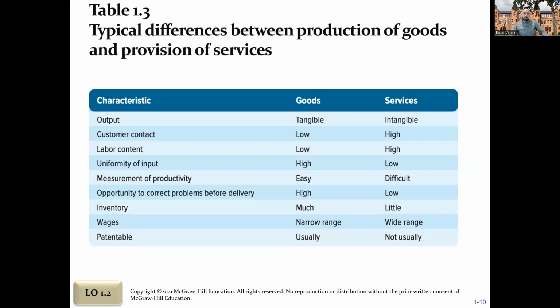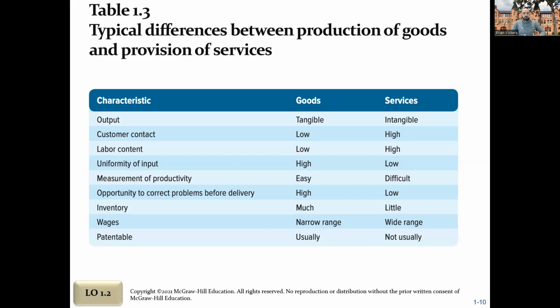Measure productivity. We're going to cover this in chapter 2 quite a bit, but the idea is that if you are producing a good, it's really easy to tell how productive you are. You just take your output and divide it by your inputs and see, well, how many units per hour did I produce, right? Or how many did I do this week, or whatever the case is.